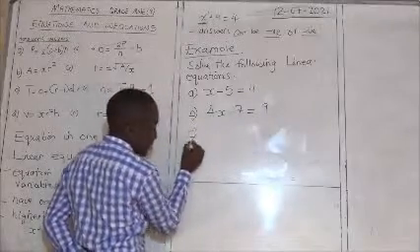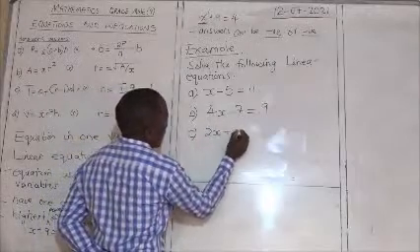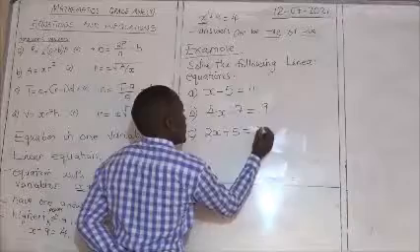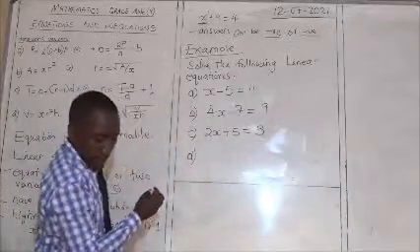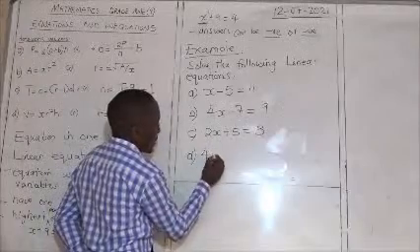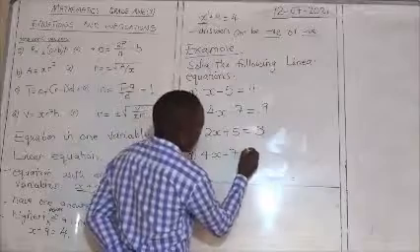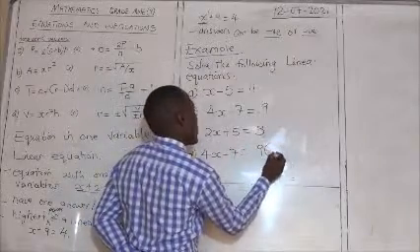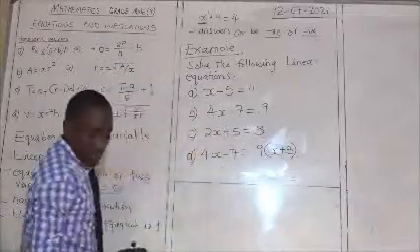Then C, 2x plus 5 is equal to 3. Then D, 4x minus 7 is equal to 9. Okay, let's start with the A.